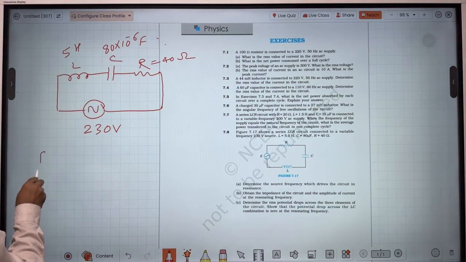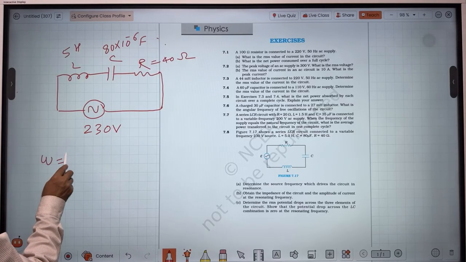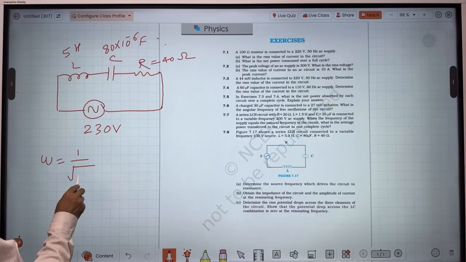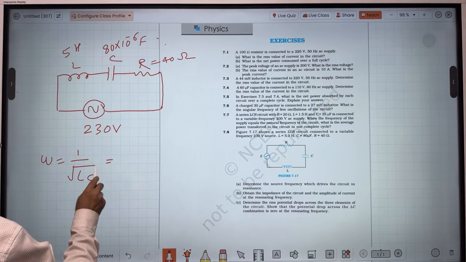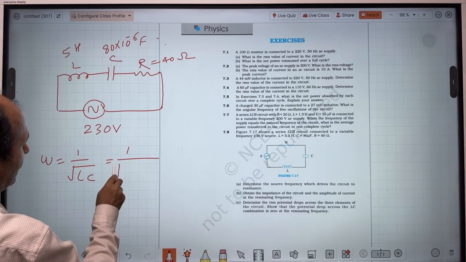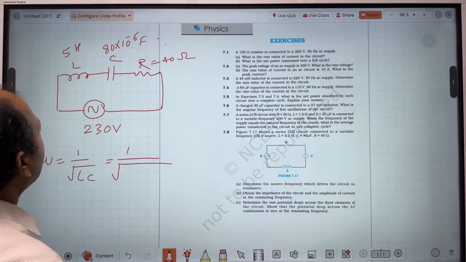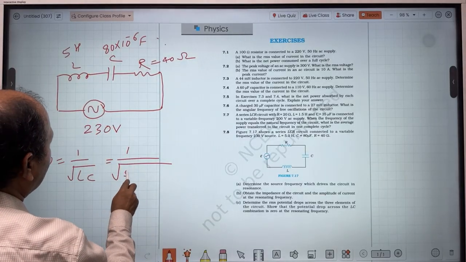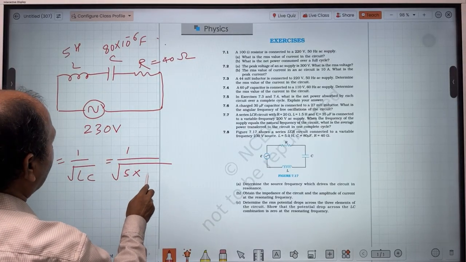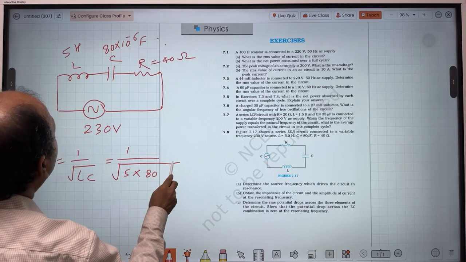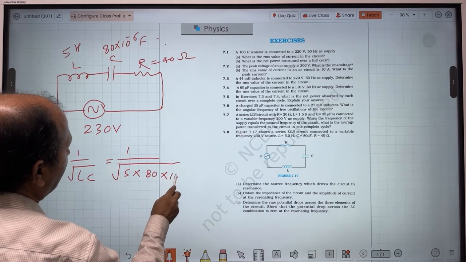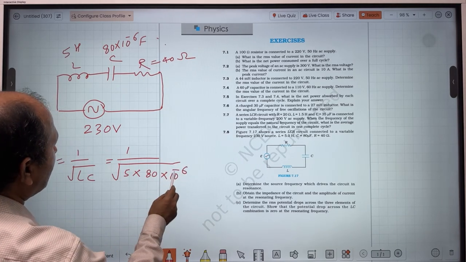So again we have to find out the same f. Here we can evaluate in terms of angular frequency, that will be easier. So omega equal to 1 upon root LC. We can put the values: 1 upon root of L. What is L? L is 5 and C is 80 into 10 to the power minus 6, right?